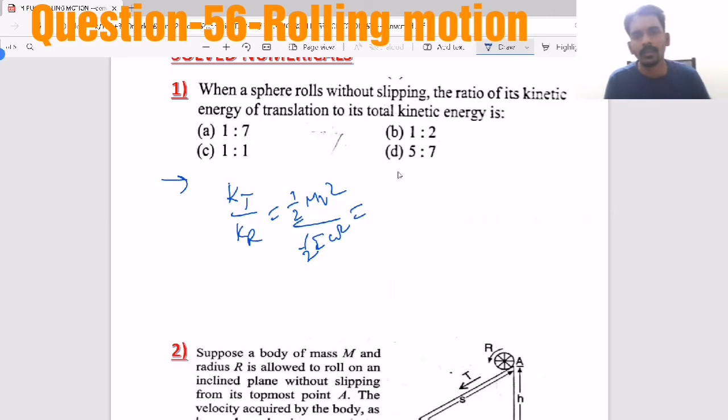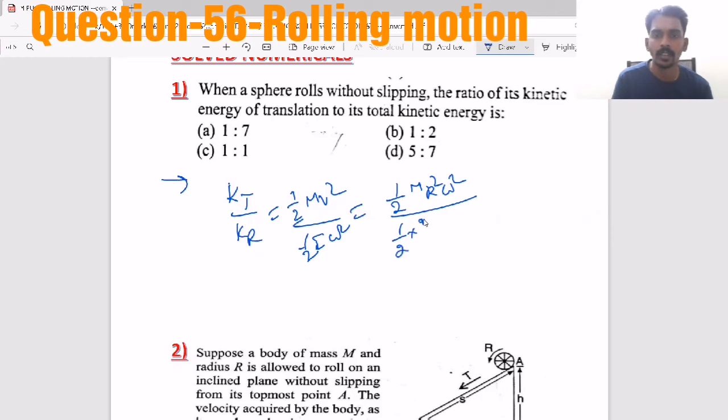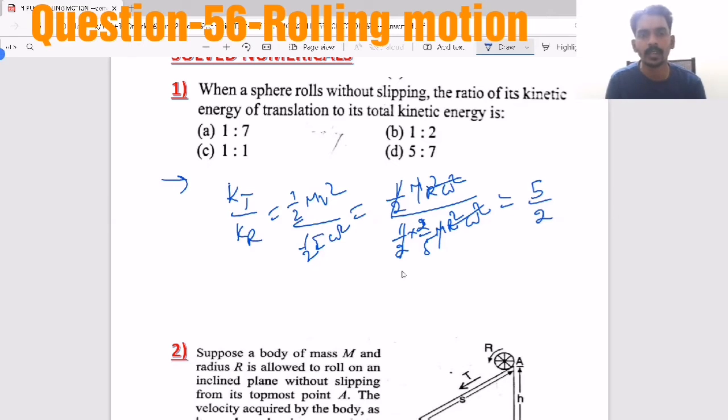They did not mention whether the sphere is solid or hollow, but if they do not mention it, we have to take it as a solid sphere. So half m r square omega square by half into 2 by 5 mr square omega square. The r square omega square cancels, half cancels, so the answer will become 5 by 2.